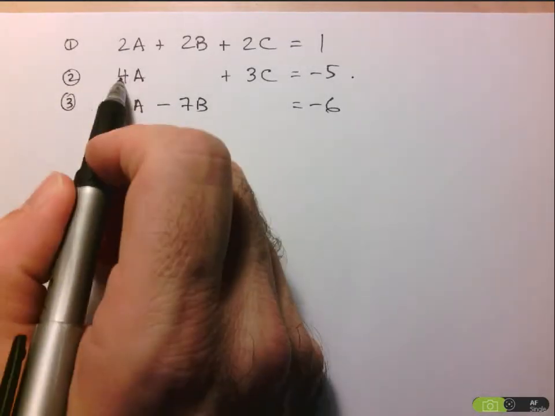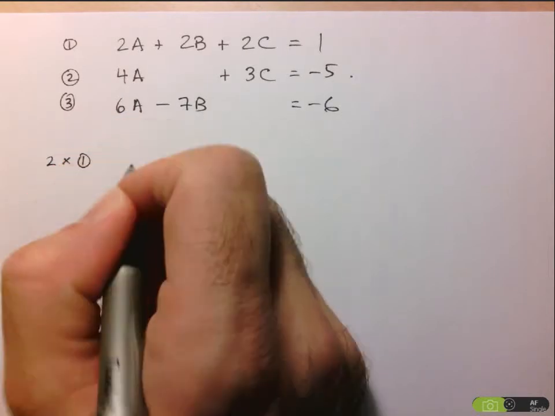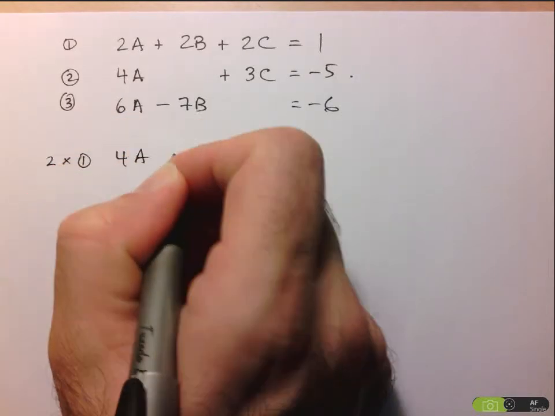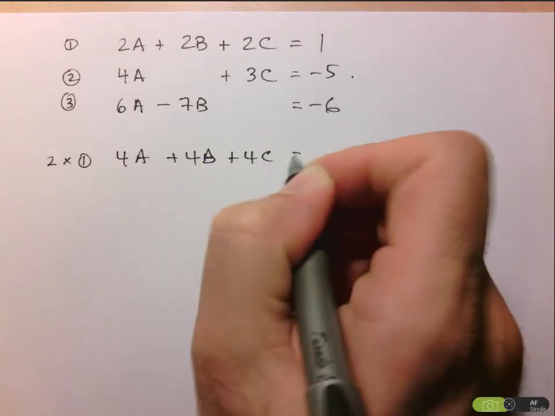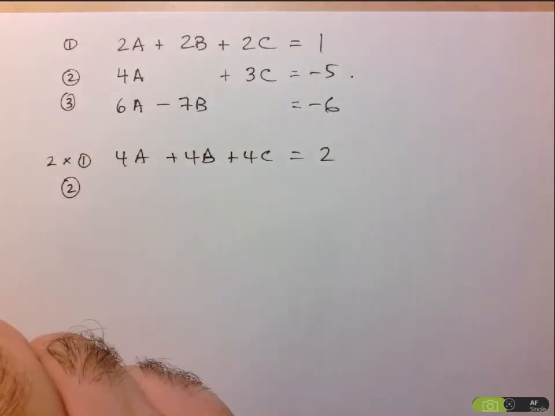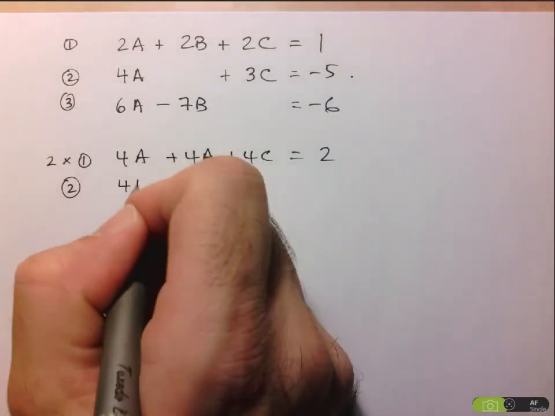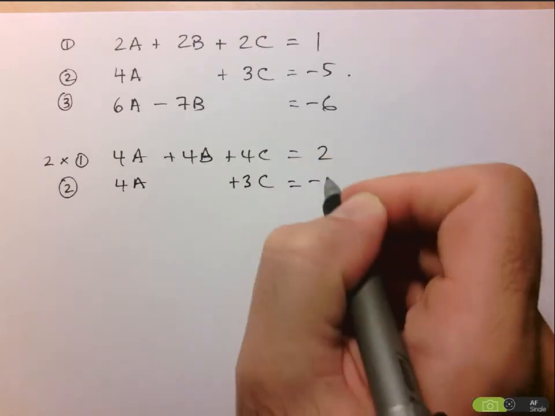Since I need to get to 4, I'll multiply equation 1 by 2 to get 4a plus 4b plus 4c. 2 times 1 is 2. And then equation 2 stays, so here 4a plus 3c equals -5.